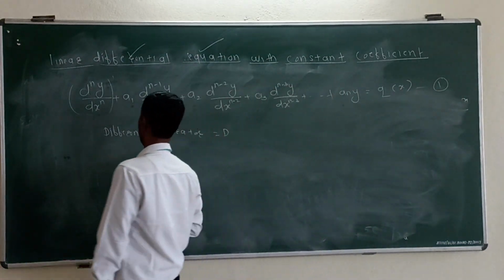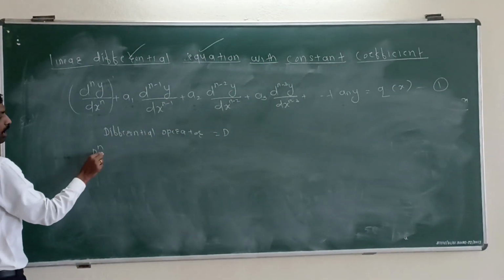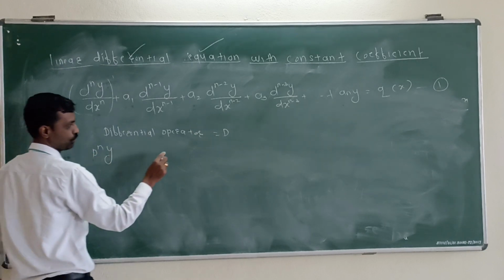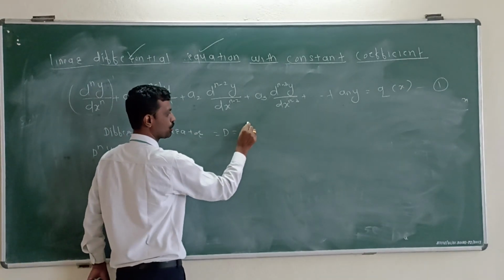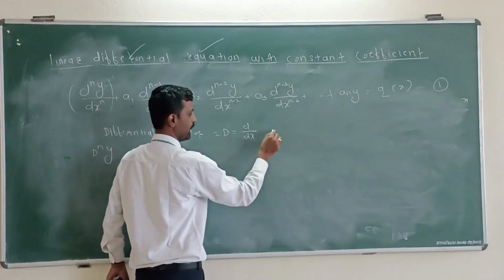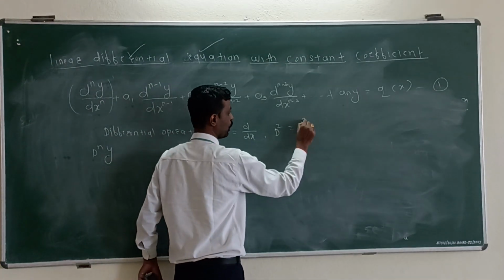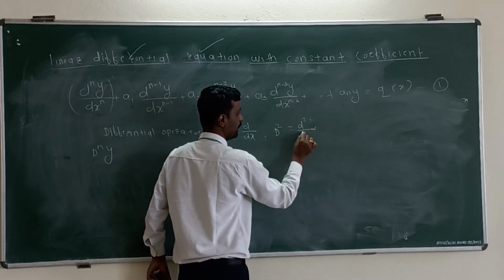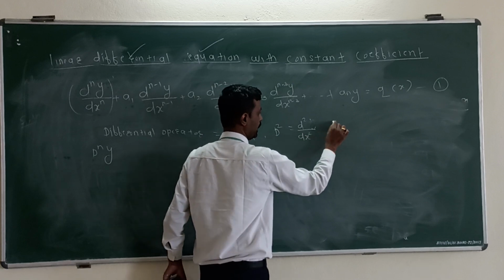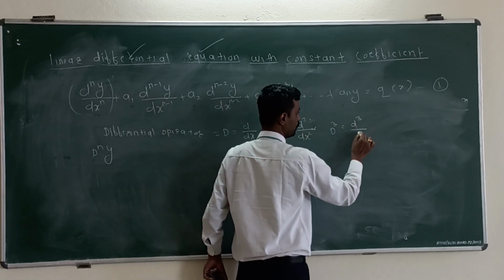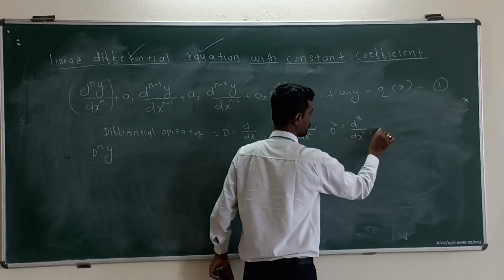So it becomes d to the power n y by dx to the power n, where D means d by dx, D square means d2 by dx2, D cube means d to the power 3 by dx to the power 3.